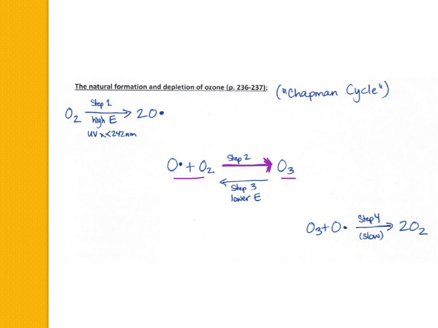And there's an equilibrium that is naturally reached between the two. But ozone breaking down into oxygen typically requires a lower energy, and so that's going to be slower. That's where you have the wavelength of about 330 nanometers. So that reverse reaction there is important for the equilibrium to be established.